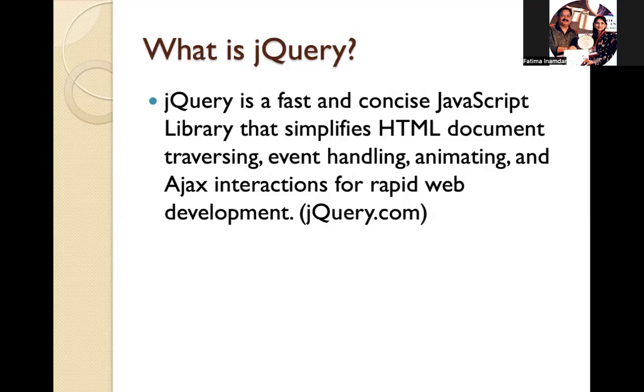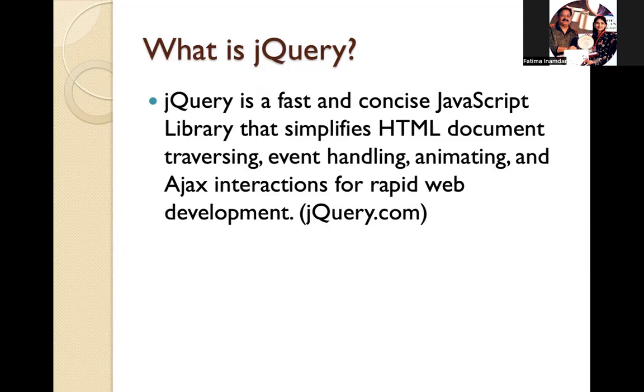So let's understand what jQuery is and why we need to learn it. jQuery is a fast and lightweight JavaScript library that simplifies complex JavaScript tasks. It allows developers to write fewer lines of code to perform common operations like DOM manipulation, animation, and event handling. jQuery works consistently across all the different browsers.